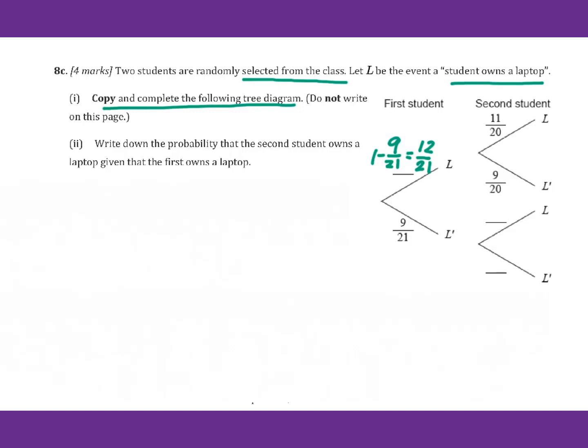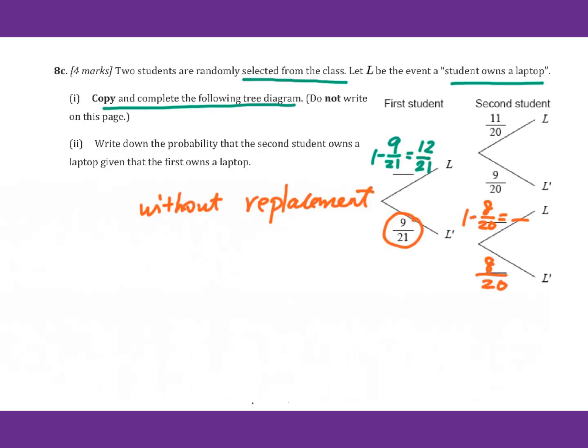Since this is a problem about without replacement, therefore we go to 9 over 21 to 8 over 20. Then this part is 1 minus 8 over 20 will be 12 over 20.